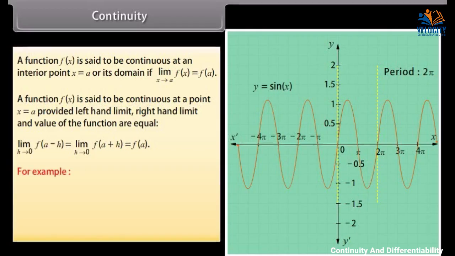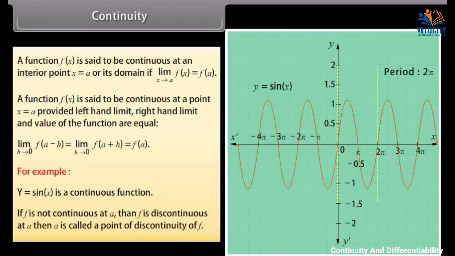For example, y equal to sin x is a continuous function. If f is not continuous at a, then f is discontinuous at a, and a is called a point of discontinuity of f. Example.